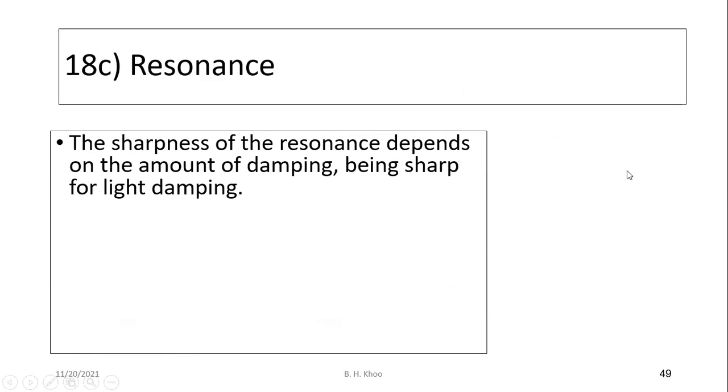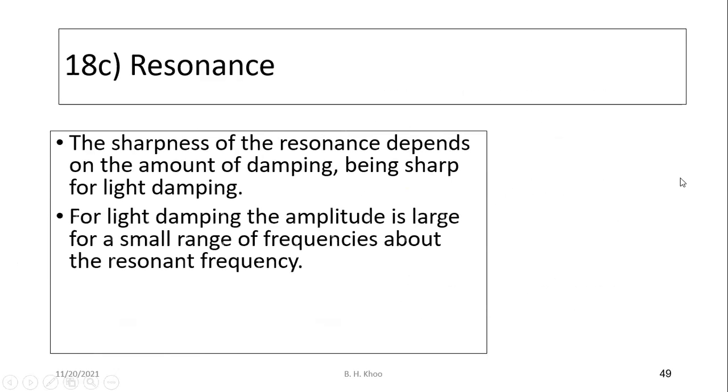The sharpness of resonance depends on the amount of damping. With light damping it is very sharp, and that is the natural frequency. For light damping, the amplitude is large for a small range of frequency. The resonance frequency is in the middle there.